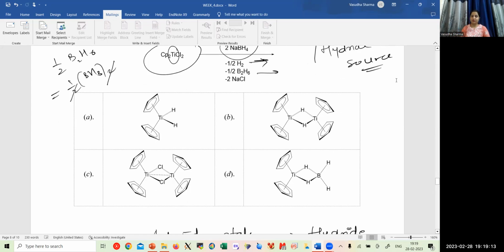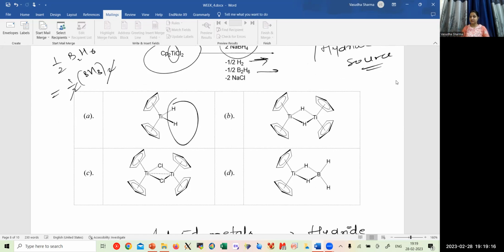So what would it form? It can't form this hydride because it is not stable. So this will cancel out. But also we have BH4. I agree that it can make a dimer also, but because of two equivalents of NaBH4, it will lead to this kind of eta2 bonding from the BH4, which coordinates with the titanium and reduces its oxidation state.